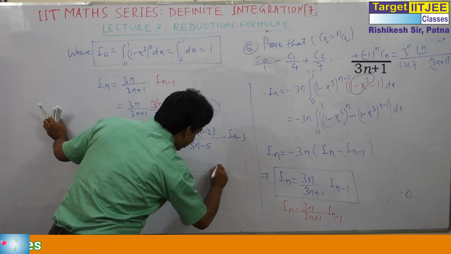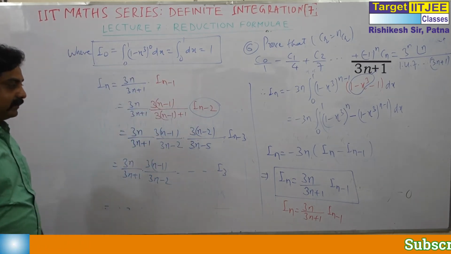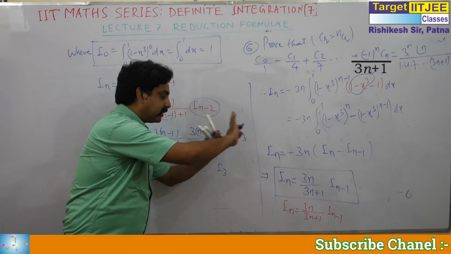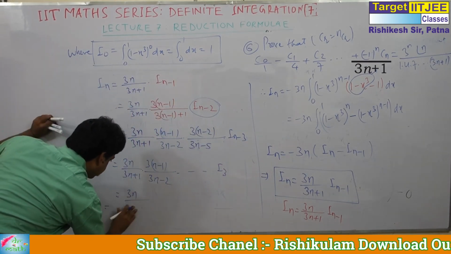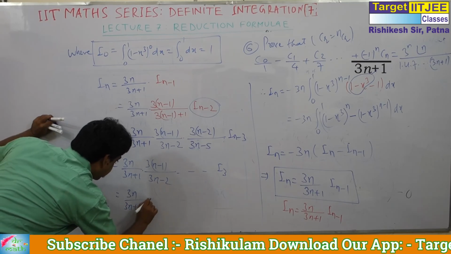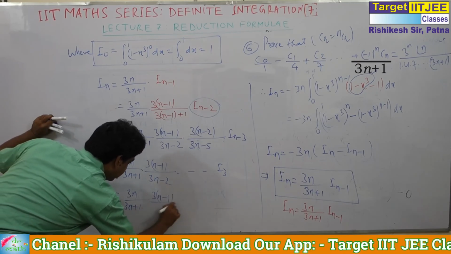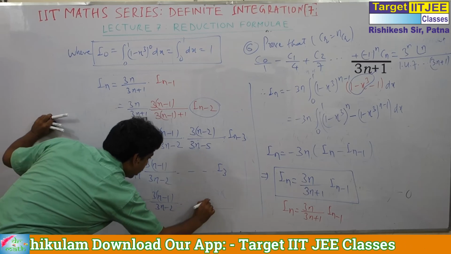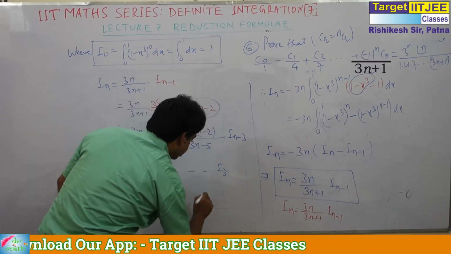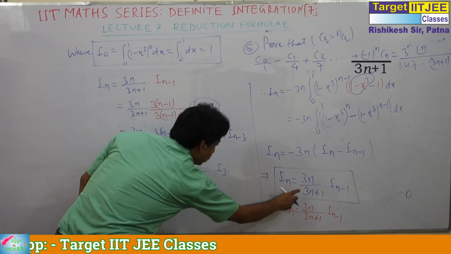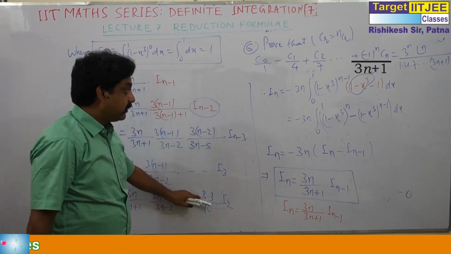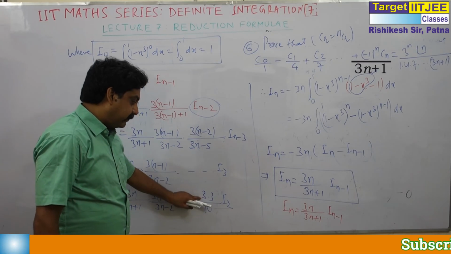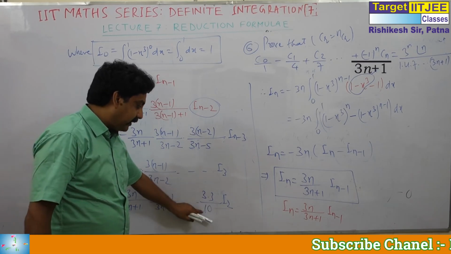Suppose reducing one by one we get to I3. What is I3 with this formula? This is 3 into 3 by 10 times I2. You can write 9, but it's better to write 3 into 3 by 10.